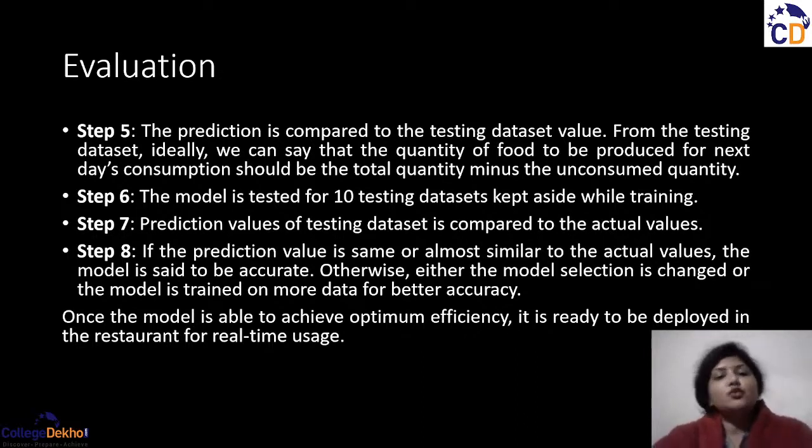So the solution to this problem is either you need to change the algorithm, like we have used regression in our case, or you can increase the data. Like if we have taken 30 days of data, we might take 60 days in that case. We are not going to use 30 days only, right? In order to get accurate results.